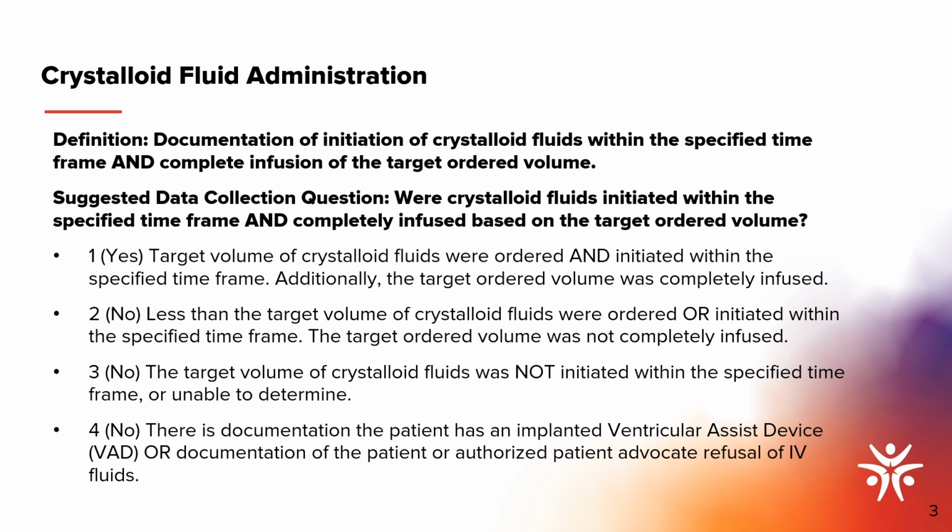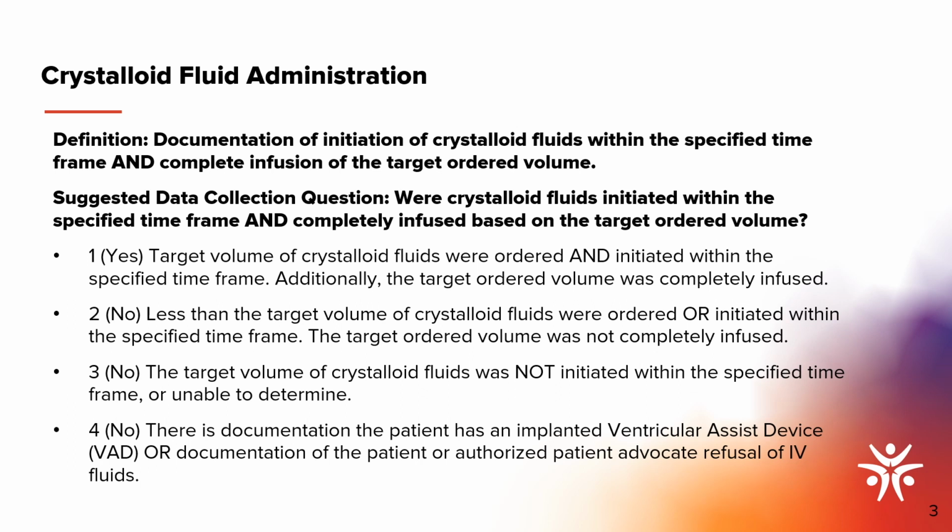We have value 1, which is yes, the target volume of crystalloid fluids were ordered and initiated within the specified time frame. Additionally, the target ordered volume was completely infused. Value 2, no, less than the target volume of crystalloid fluids were ordered or initiated within the specified time frame. The target ordered volume was not completely infused.